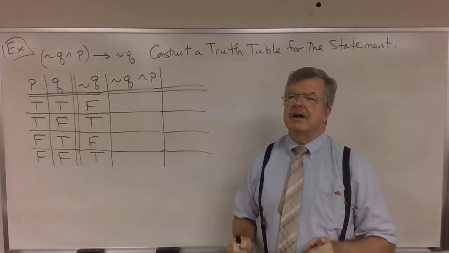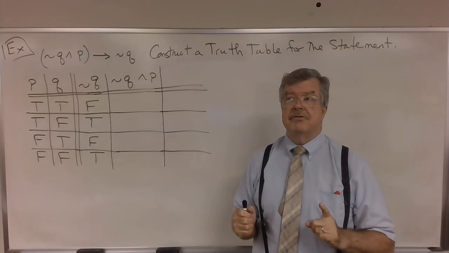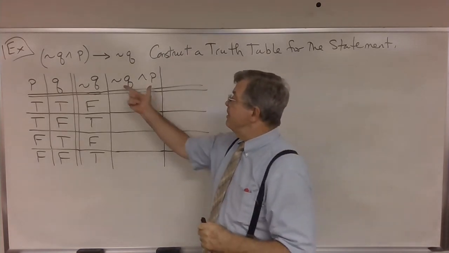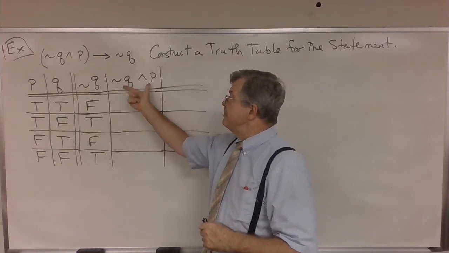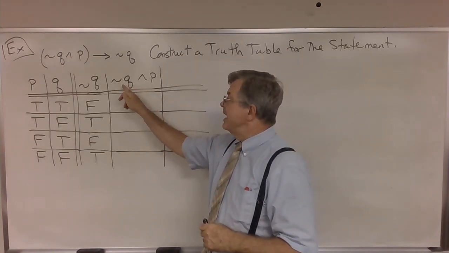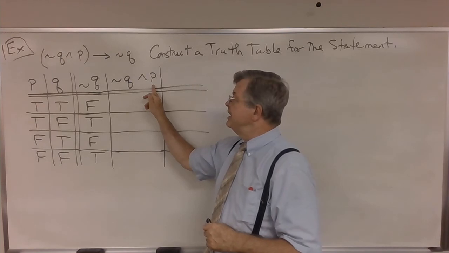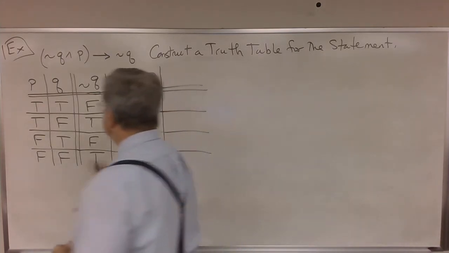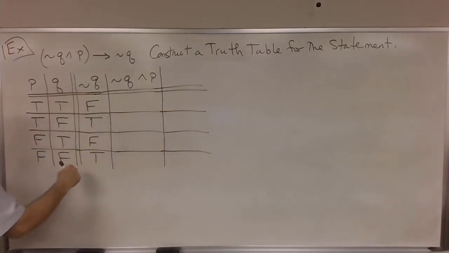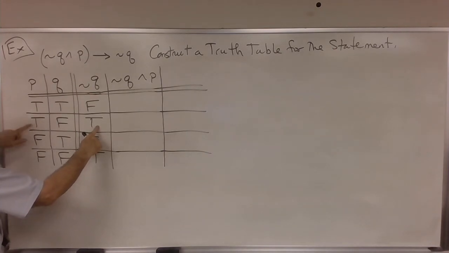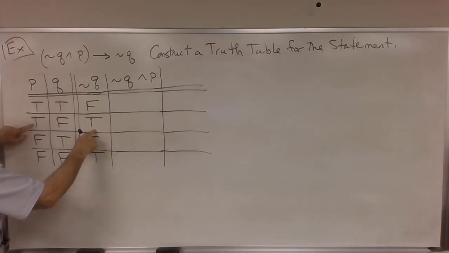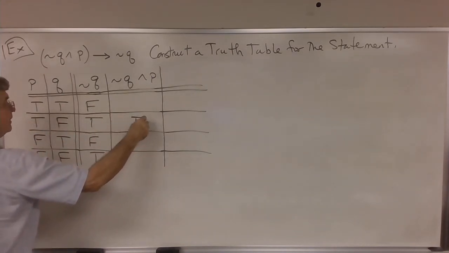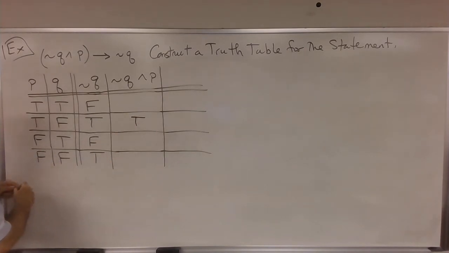The only time that an and statement is true is when both of the individual statements are true. So this statement will be true exactly when not Q and P are both true. Not Q's false. No, that's not going to work. Not Q is true. P is true. Here we go. Not Q and P are both true right here. So this is true.